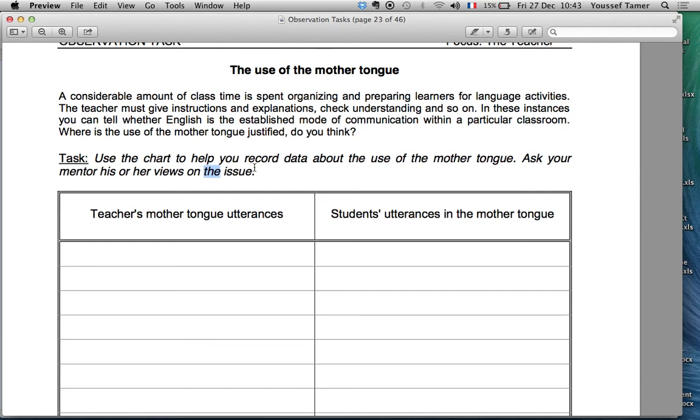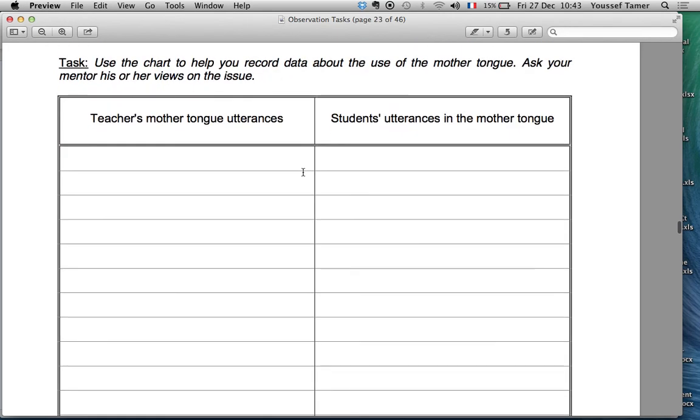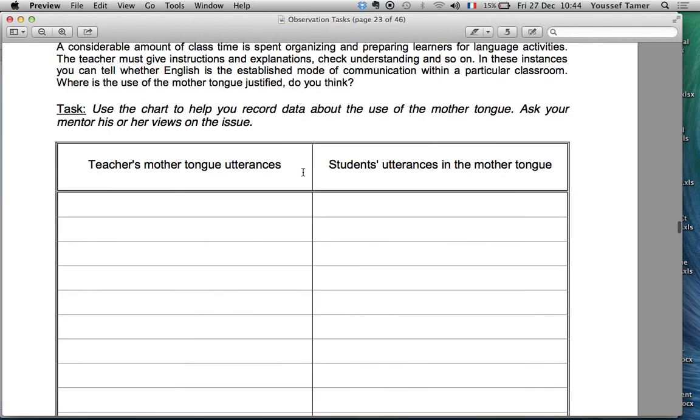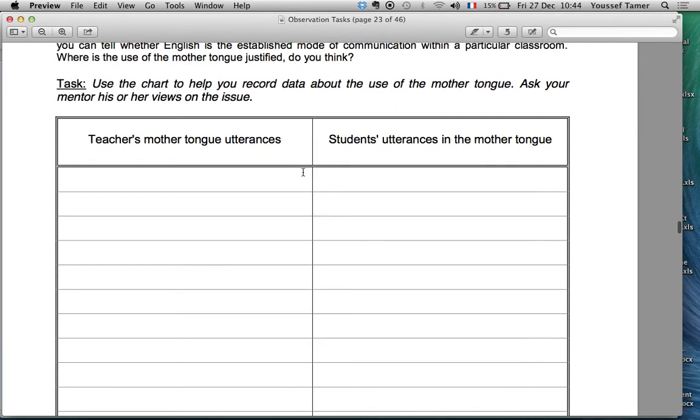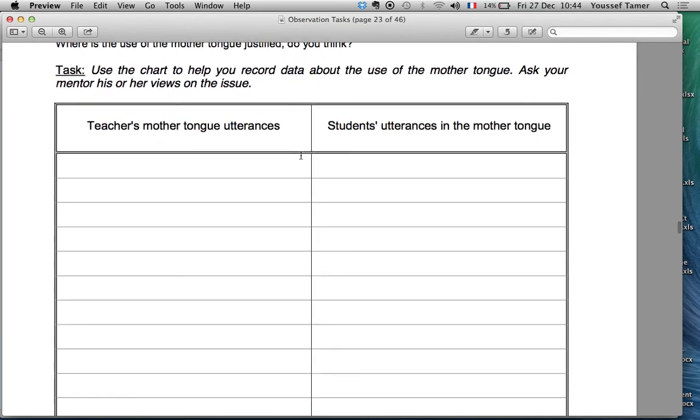So this is one of the ways. So, use of mother tongue: this is a very simple way of observing this, but you can have others. So teachers use the chart to help you record data about the use of mother tongue. Ask your mentor his or her views on the issue.